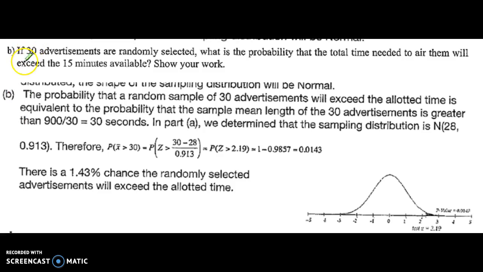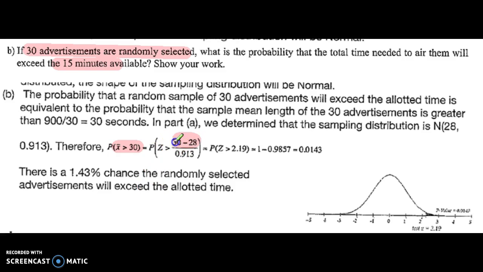In part B, I am looking for the probability that the advertisements that are selected randomly will exceed the 15 minutes available. So I'm going to calculate a z-score. Probability X is greater than 30 minutes.